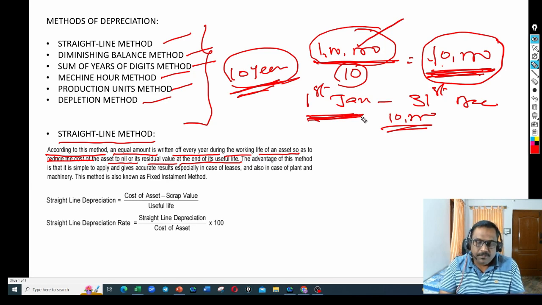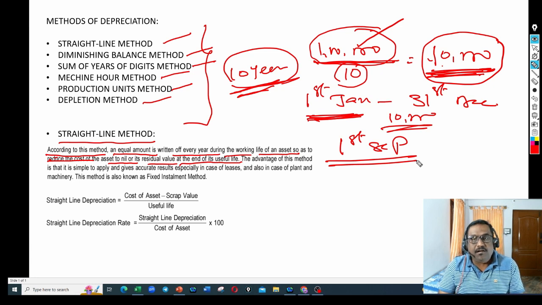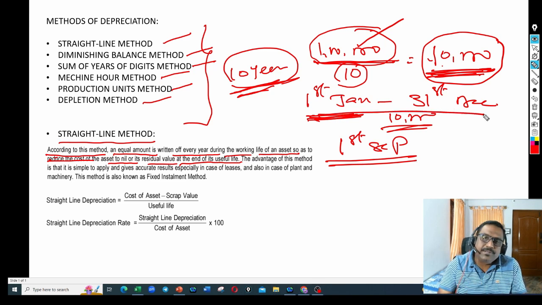Getting my point? Let us say this asset is purchased on 1st September. Instead of January, you purchased this asset on 1st September. So, in this year, how can you calculate 1 year depreciation? Cannot. Why? Because the asset is not used for the full year.